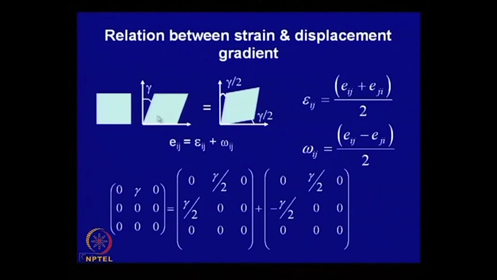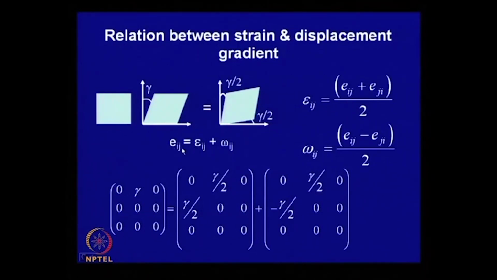So, what you imagine is, suppose you rotate this about this axis normal to this plane. That means that rotation axis is x3, and you rotate by an angle, say gamma over 2. So, in a way what we are doing, we are splitting this into two parts.